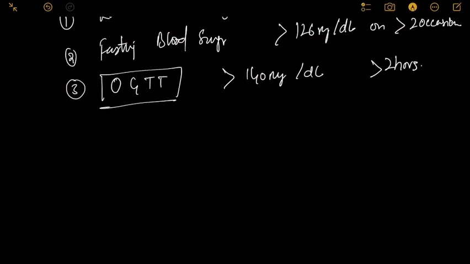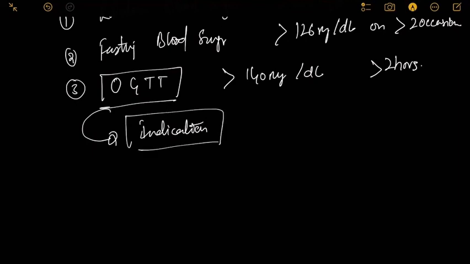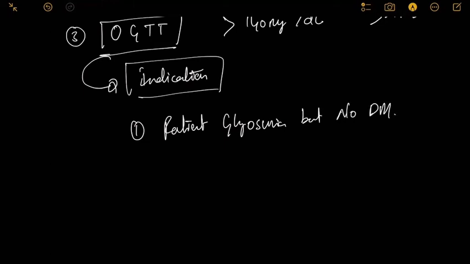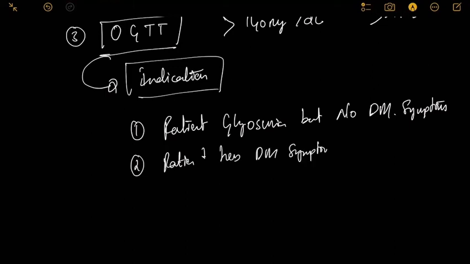Now, oral glucose tolerance test. What is this? Let's look at the indications for this. What are the indications for your oral glucose tolerance test? One, the patient has glycosuria but no diabetes mellitus. Second, patient has DM symptoms but no glycosuria.